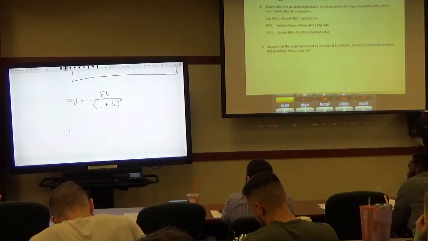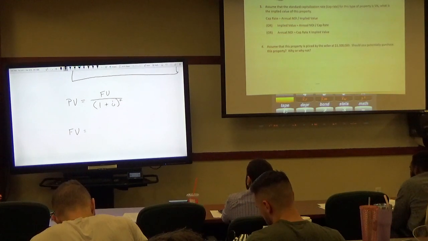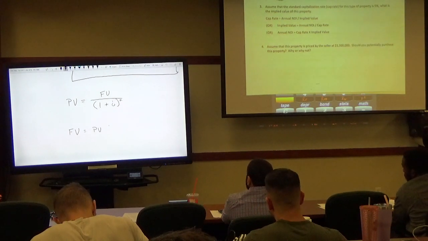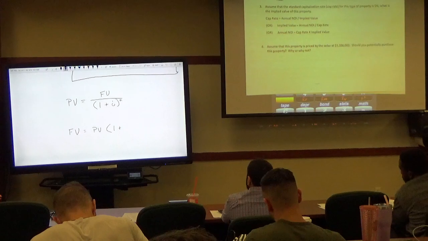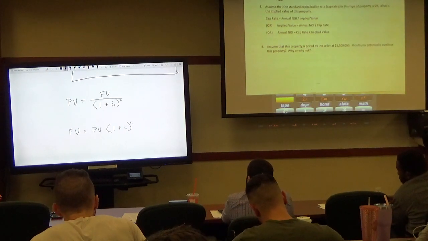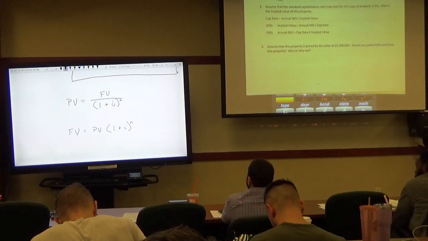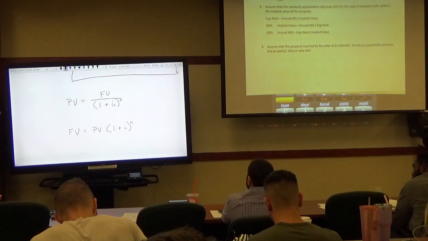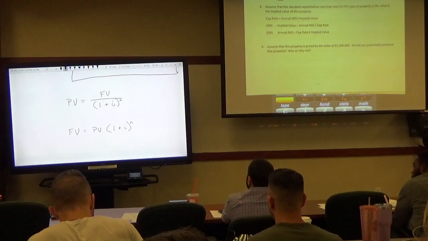Whereas future value is equal to present value times 1 plus the interest rate raised to the number of periods, okay? Now, we don't have to do any of this because our calculator does it all.